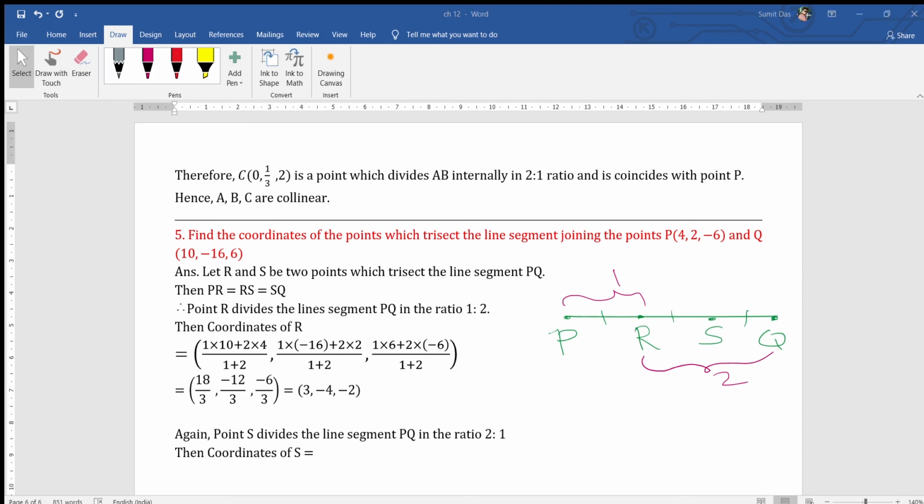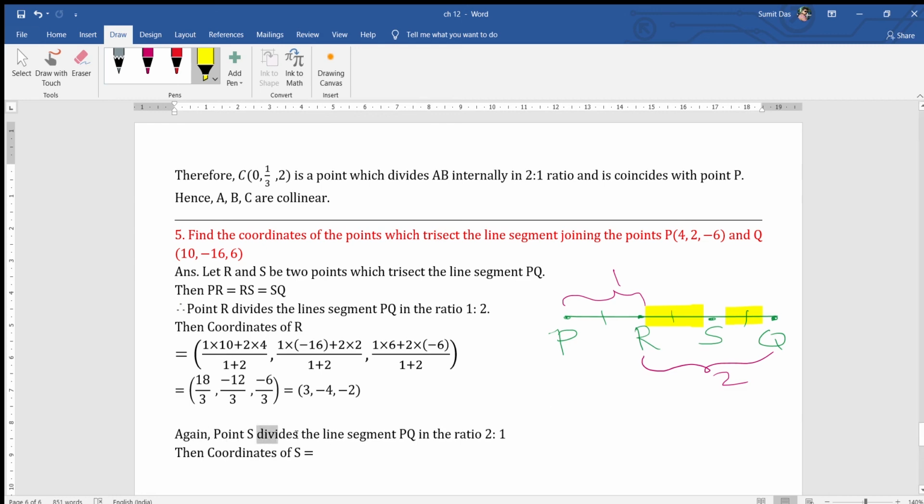You can use the 2:1. You can use PS is 2 and SQ is 1, but I will use the midpoint formula. Look, R to S is this part and S to Q is this part, 1:1. Okay, so we'll use the midpoint formula, that S is the midpoint of R and Q.